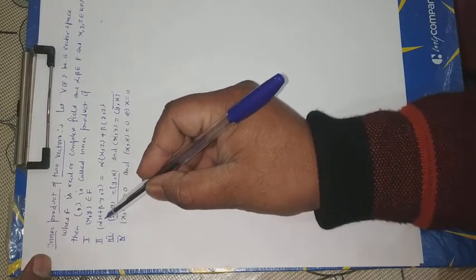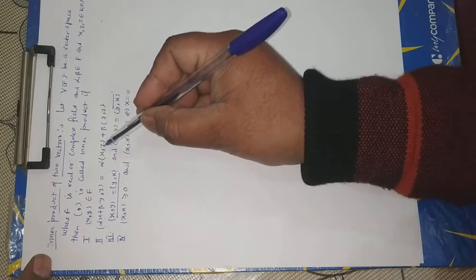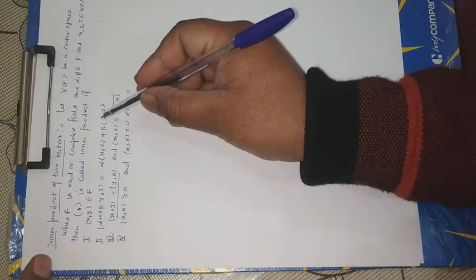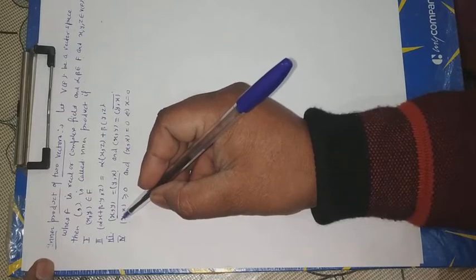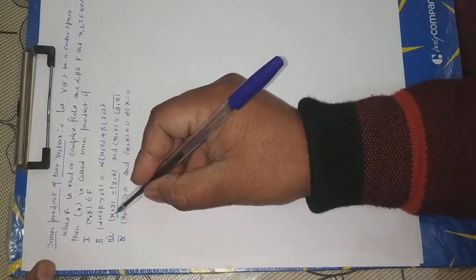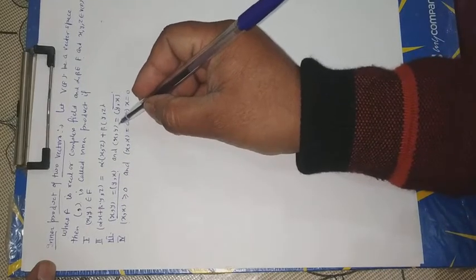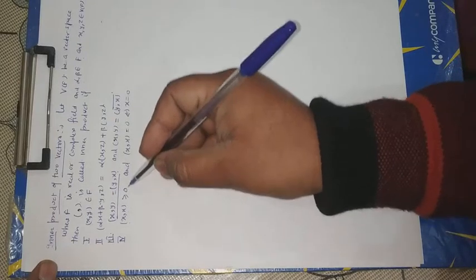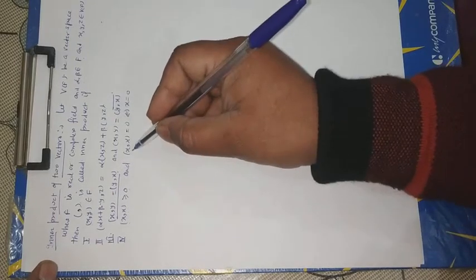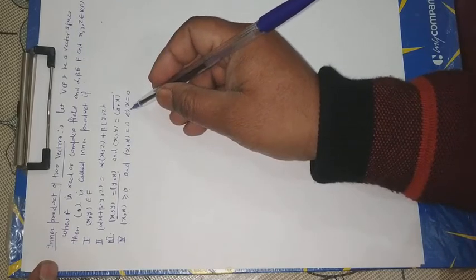Number second, the inner product of alpha x plus beta y with z equals alpha times the inner product of x with z plus beta times the inner product of y with z. This is the linearity property. Now third, conjugation: the inner product of x, y equals the inner product of y, x, and in the complex case, x, y is equal to y, x bar. Number fourth, the inner product of x with x is always greater than or equal to 0, and the inner product of x with x equals 0 if and only if x is equal to 0.